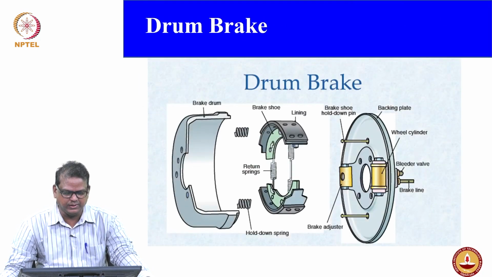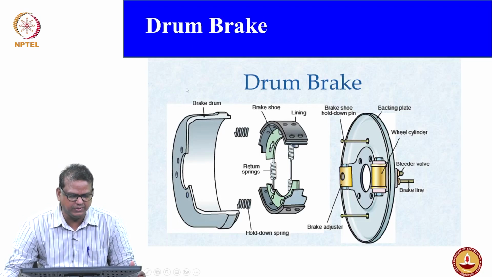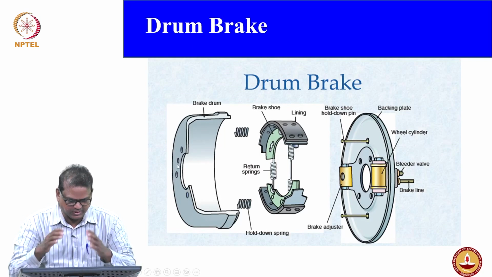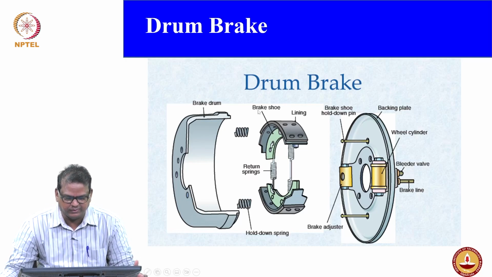And this is the complete assembly of a drum brake system, where you can see the brake drum cover, and this is a hold down spring holding the entire brake shoe arrangement, and on top of it sits the brake adjuster, and this is your wheel cylinder.